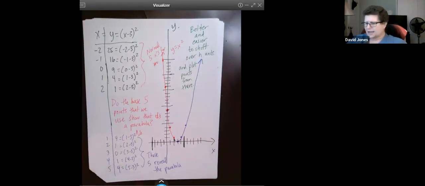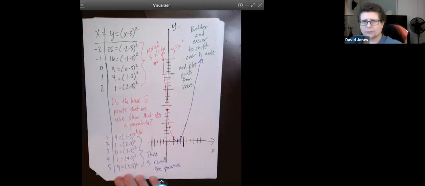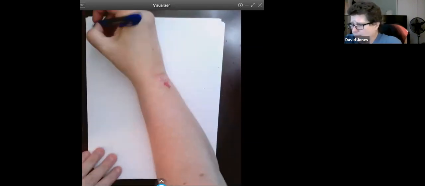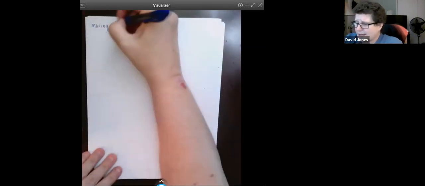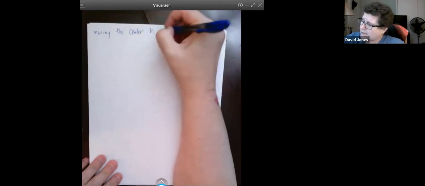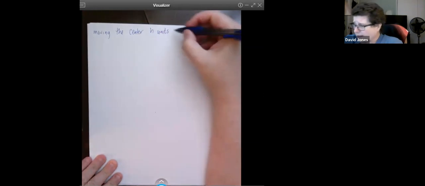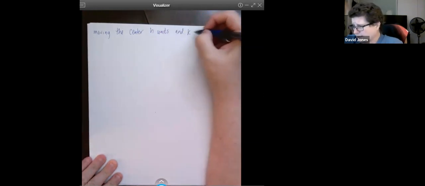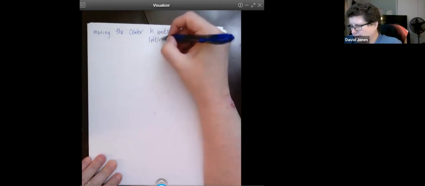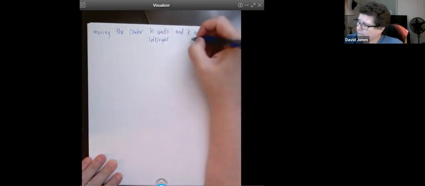That doesn't mean you can't use the table. If you like the table, use the table. Okay? I'll put that on another page. Moving the center or vertex to (h, k), h units and k units. The h is left or right, k is up or down.